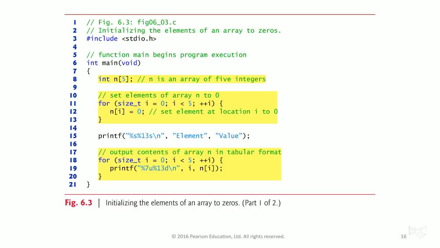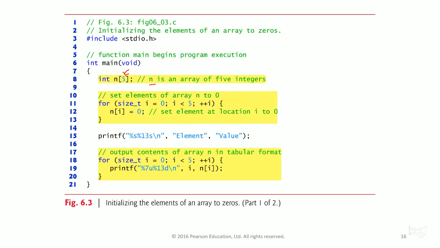So let's look at an example of this. We have a program here where we first start off with an array called n, which has size 5. So it has 5 memory locations of type int that we need to assign values to.